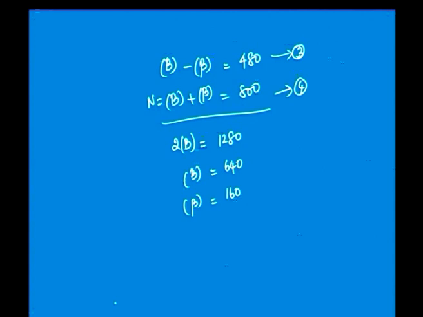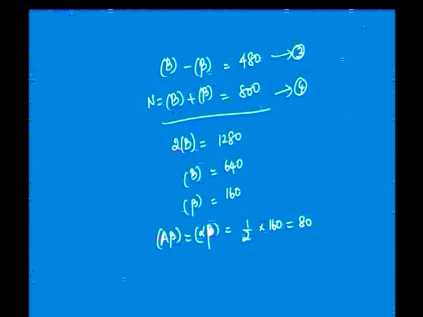This gives you the information about A beta and alpha B. A beta is equal to alpha B, which is equal to 1 by 2 into 160, 1 by 2 of the failed candidates. Failed candidates is 160, which is equal to 80.